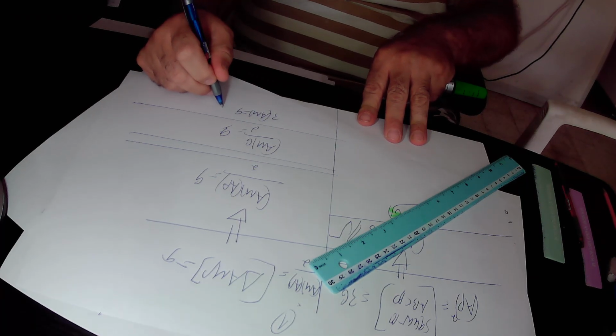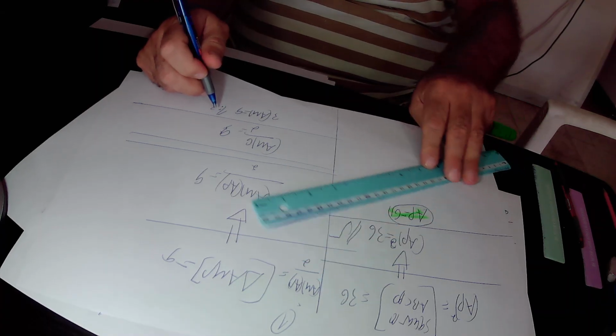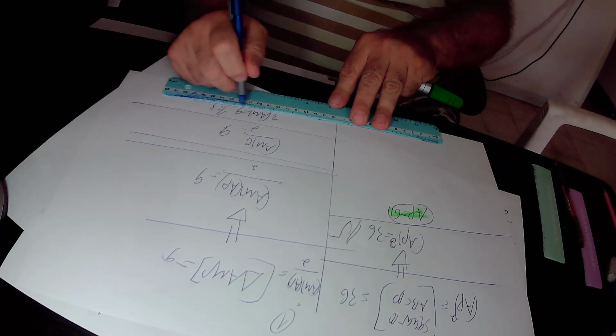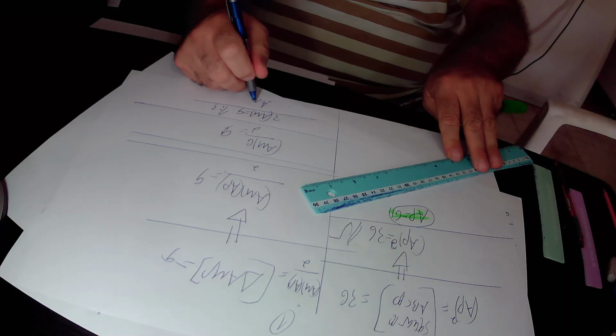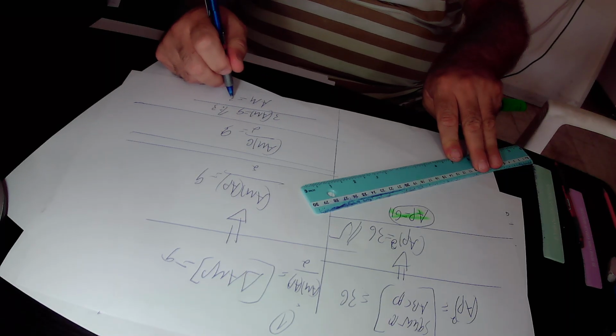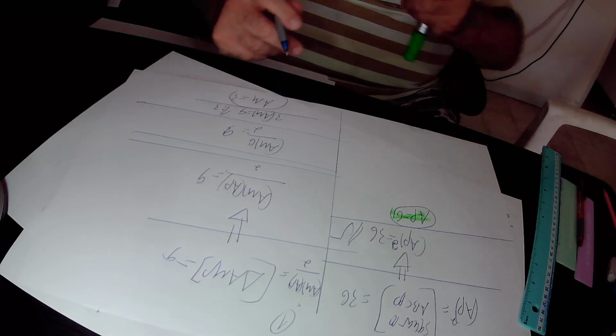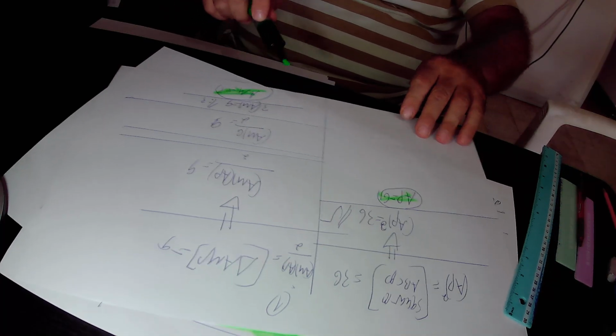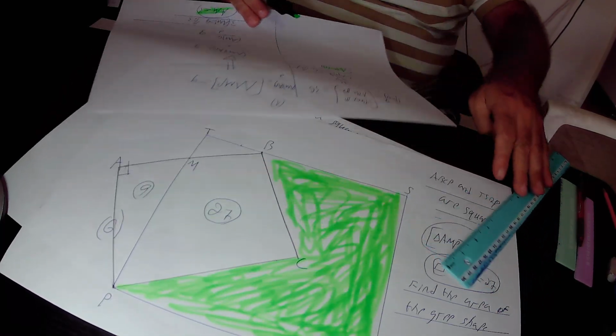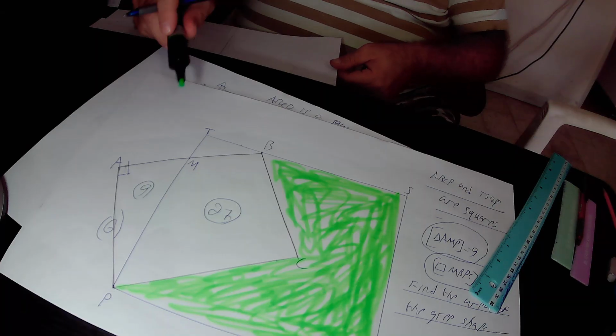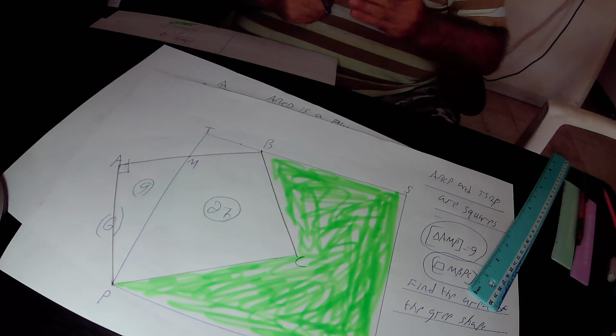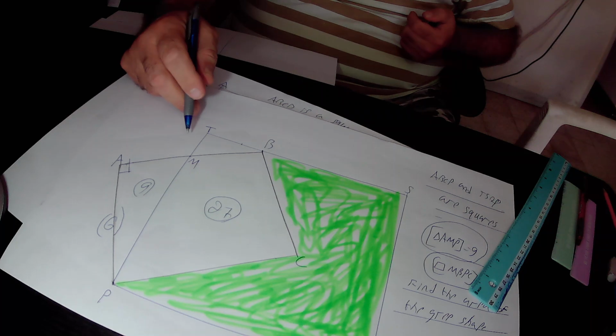Here we divide this equation by 3 and finally we get that the missing side AM is equal to 9 over 3, that is 3. This missing side AM is equal to 3 units in length.